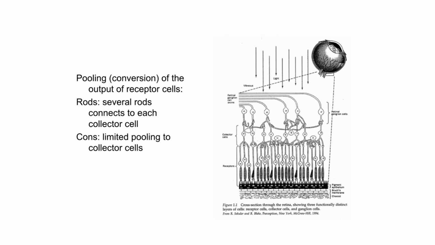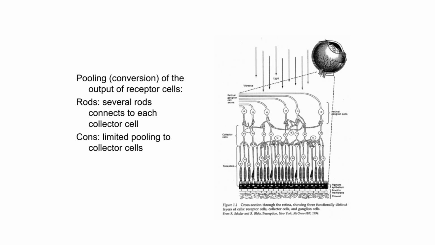Okay, so in case of rods, one important concept here is that several rods connect to each collector cell. That means it's more of a many-to-one relationship. Many rods connect to a single collector or bipolar cell. But when you come to cones, bipolar cells or collector cells have mainly a one-to-one relationship, and it's limited connectivity.